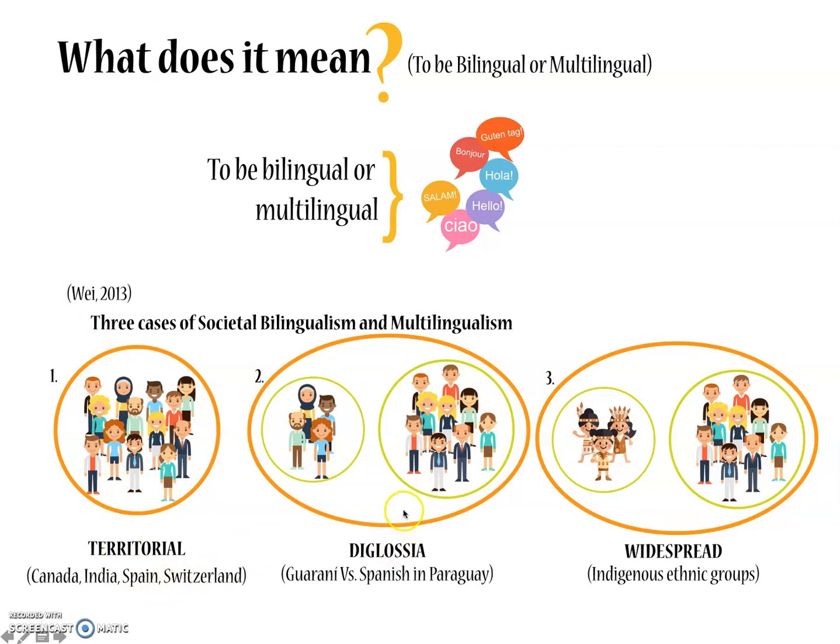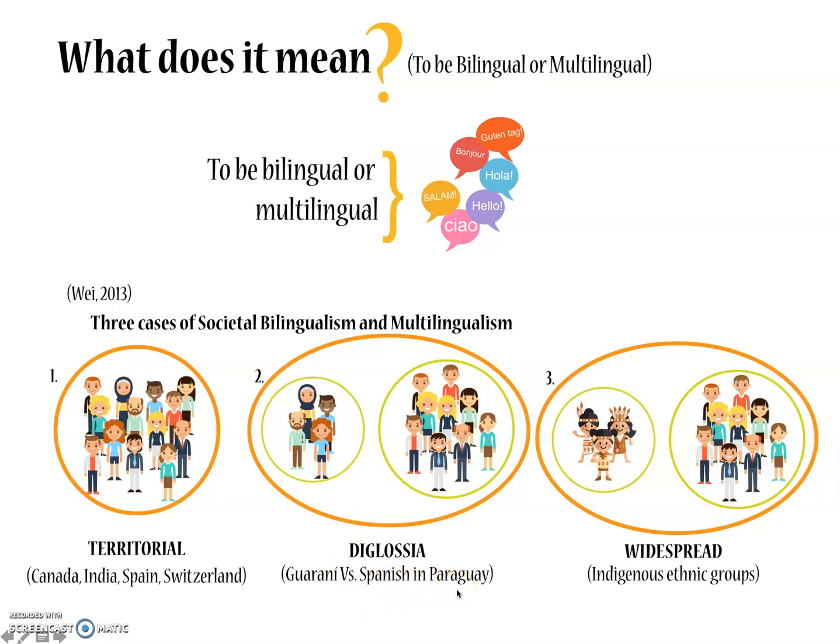Diglossia occurs when two languages coexist in the same space, but one of them has more status than the other. So people use one language for familiar or informal situations, while the other is used for formal contexts. For example, Guarani versus Spanish in Paraguay.